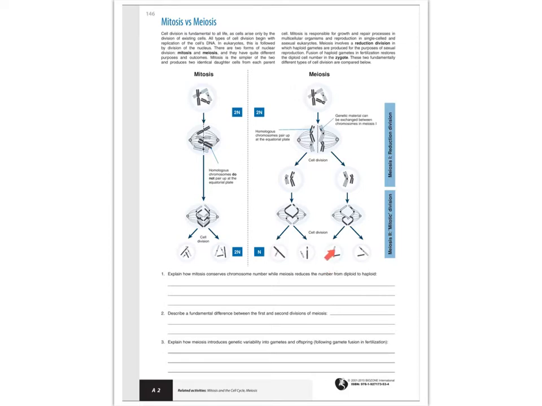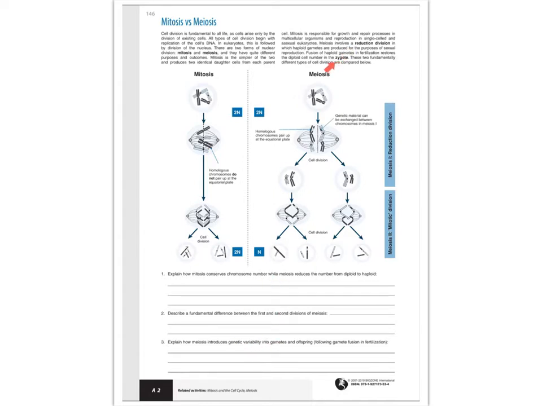Then here you have pretty much the same thing happening over here. You have two cells where you have mostly dad's chromosome, but a little bit of mom's chromosome in there. All right. So each one of these is genetically distinct, and they're only 1N. There's only one copy of each chromosome. Here you have 2N, two copies of each chromosome. All right, you should be able then to explain all that pretty clearly.